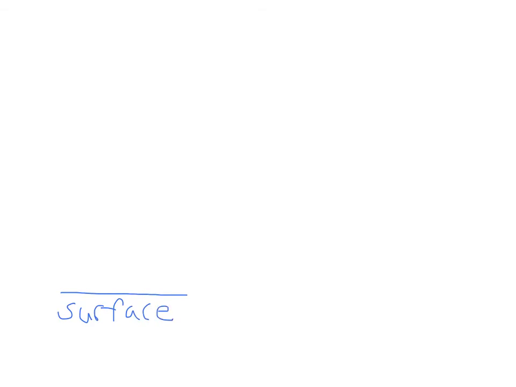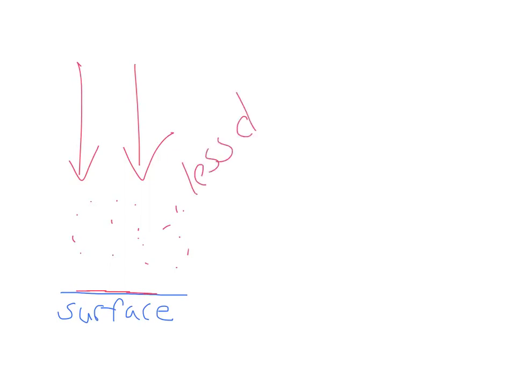Now, if I have heat coming down from the sun and it's heating this surface, what is going to happen to that surface? Well, the air over it, all these particles of air out here, are going to heat up. Now, what happens when it heats up? It becomes less dense.